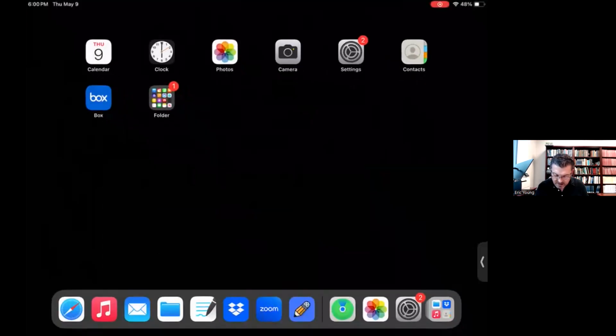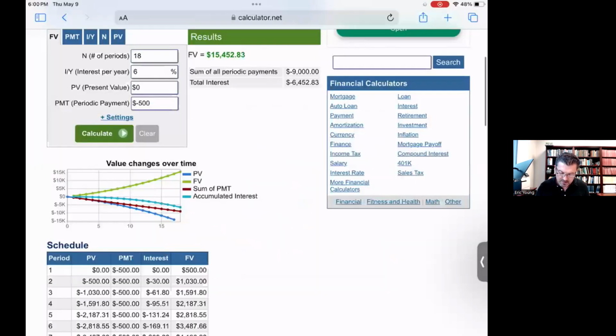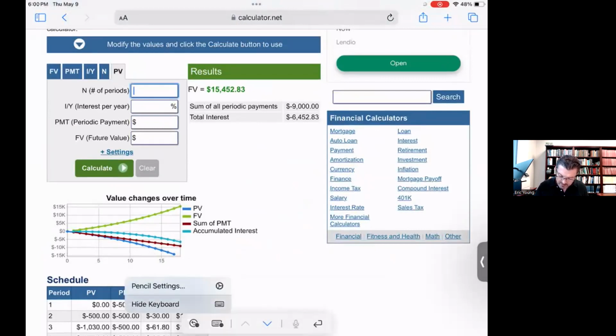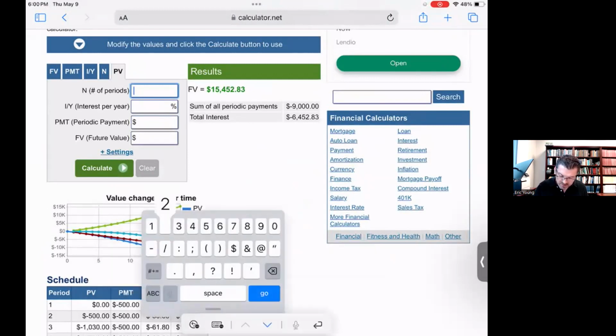Let's see if we can get this calculator to work for us. Let's clear it. We're solving for PV. And we got to get our keyboard up. Number of periods was going to be 20. The interest rate was going to be 5.